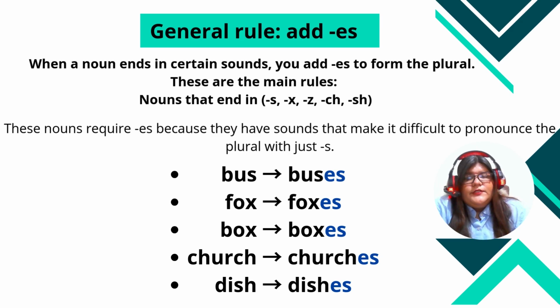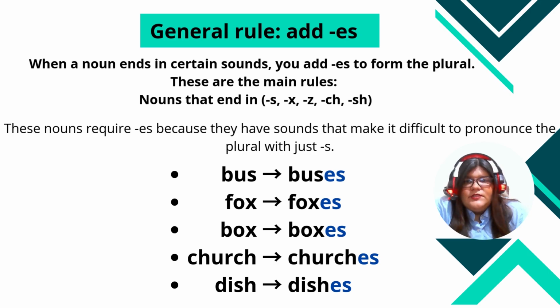Then we have the general rule: add es. And you must be wondering, why not just an s? When a noun ends in certain sounds, you add es to form the plural. These are the main rules. Nouns that end in s, x, c, h, or sh.